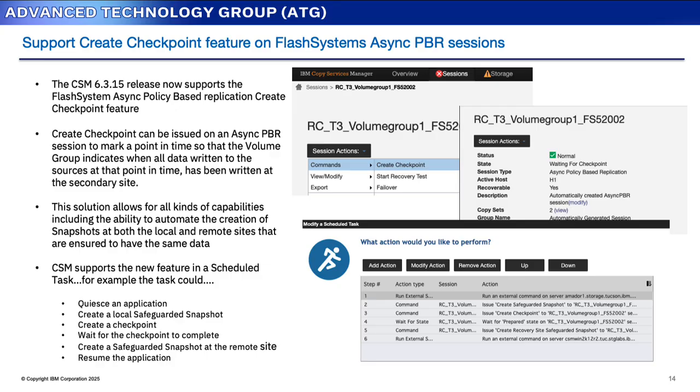So one use case for this is a consistent failover. You could quiesce your application, then create a checkpoint, wait for that checkpoint to complete, and then do your failover at the remote site. With that, you know that all the data made it over after you did the quiesce. That can all be automated in CSM.